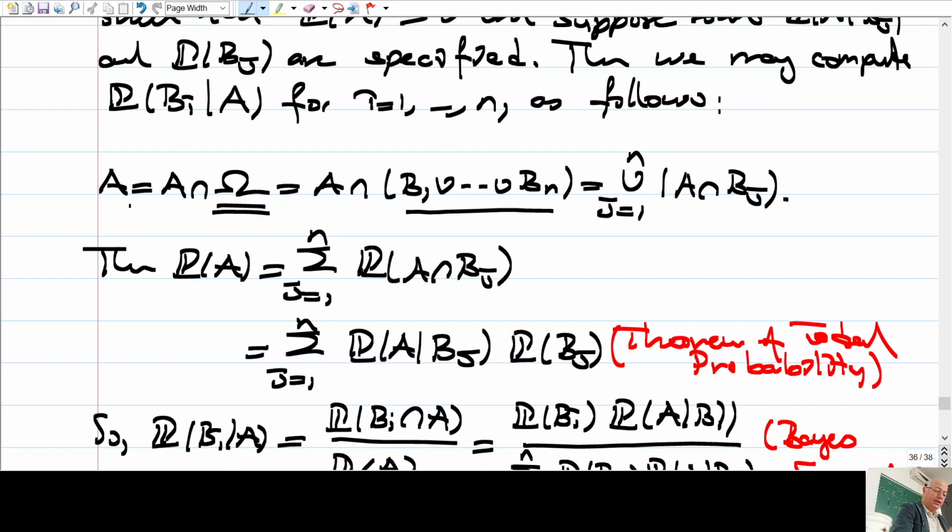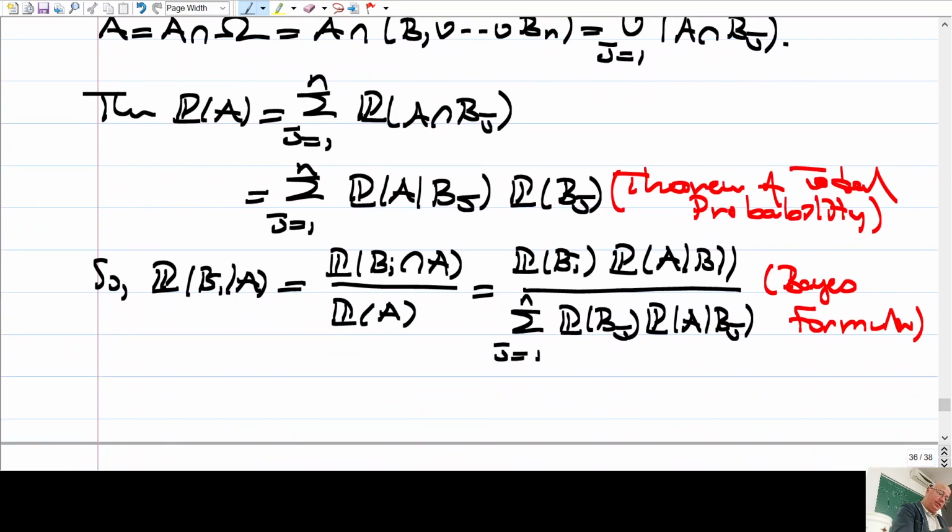Then of course any subset A of omega can be written as the disjoint union of the intersections of A with these subsets. And since these are disjoint, the probability of A will be just the sum of the probabilities of these disjoint sets. And that's called the theorem of total probability.